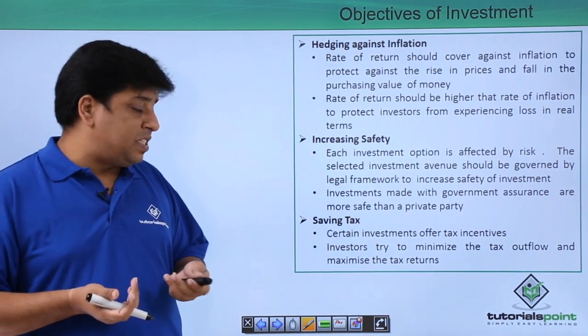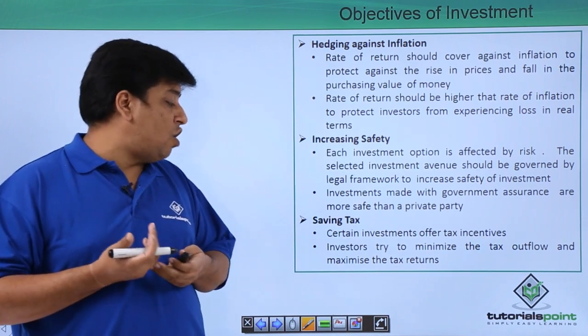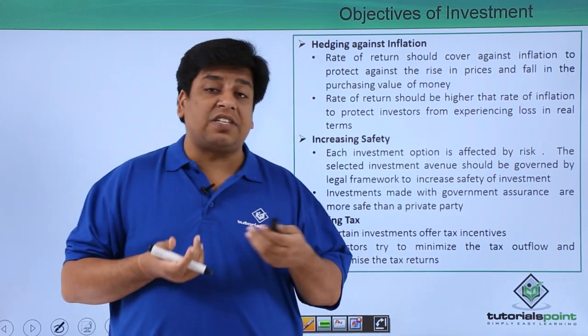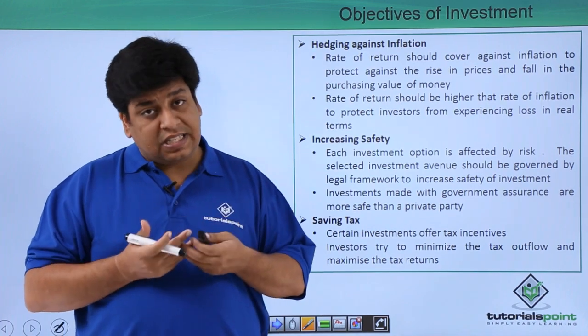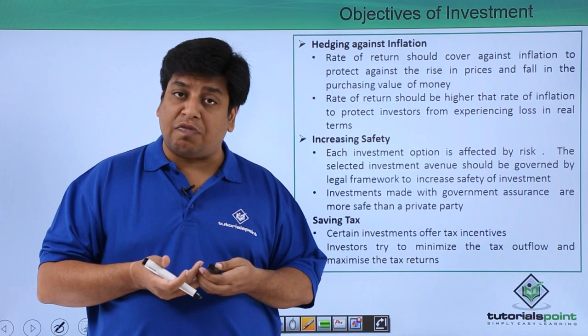Certain investments offer tax incentives. Investors try to minimize the tax outflow and maximize the tax returns. In the next slide, we are going to see the different types of investment.